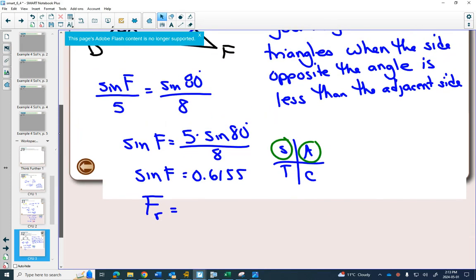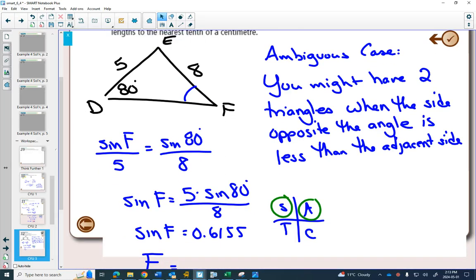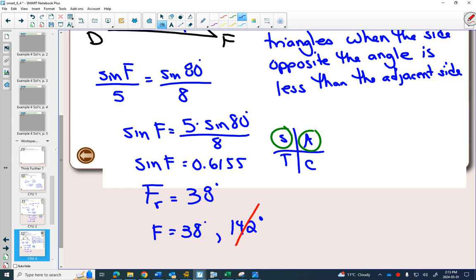Does it say to the nearest degree again? Yes. So when I find my reference angle as 38 degrees, then angle F, well, obviously in quadrant 1 it'll also be 38 degrees. The other possibility would be 142 degrees. That was fancy.